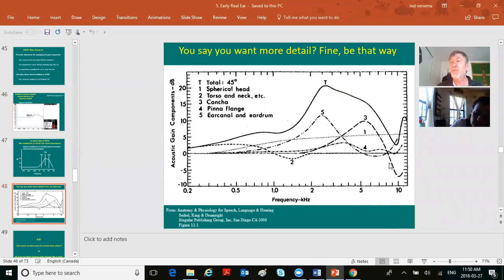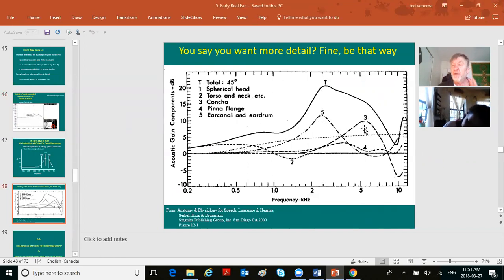So, resonance. Here's the complicated way of looking at it, but look at the T for total. Look where the T is, 2700 hertz. Look what the value is, about 20. Okay, on your left. And then look at the number 5 and number 3 in this picture. The number 5 represents the ear canal, the resonance just of your ear canal. And number 3 here represents the resonance of your concha bowl.